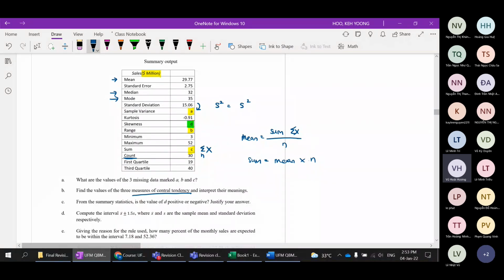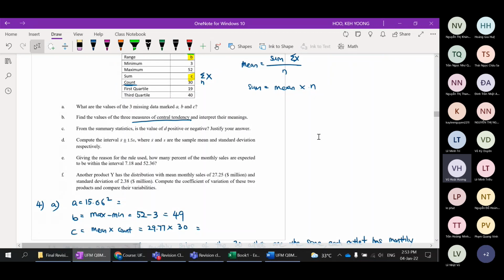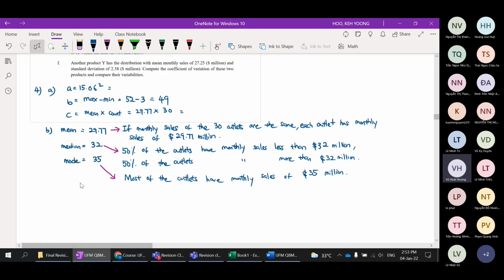Negative. Negative, because I think the mean is smaller than median and median is smaller than mode.